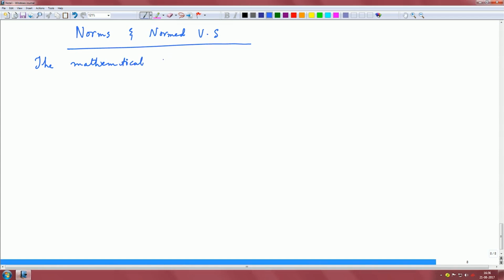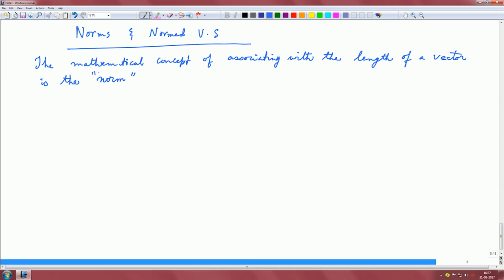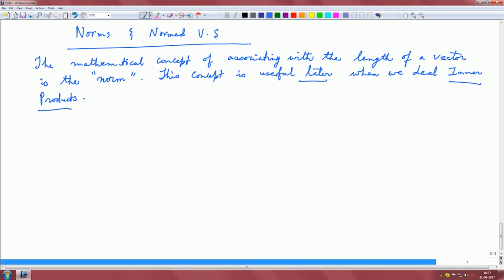So, the mathematical concept of associating a length with a vector is basically the norm, and this concept is useful later when we deal with inner products and so on.